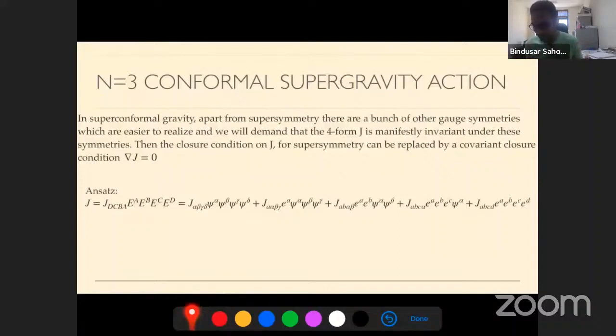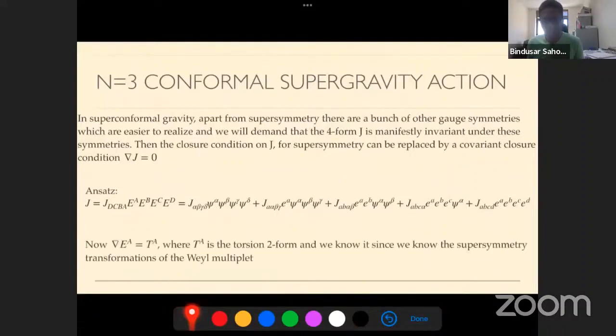When I expand it out, I have a whole bunch of terms with 4 gravity, with 3 gravity and 1 Vielbein, 2 Vielbein, 2 gravity and so on. So this is our ansatz, and we need to find a J such that it satisfies this covariant closure condition.